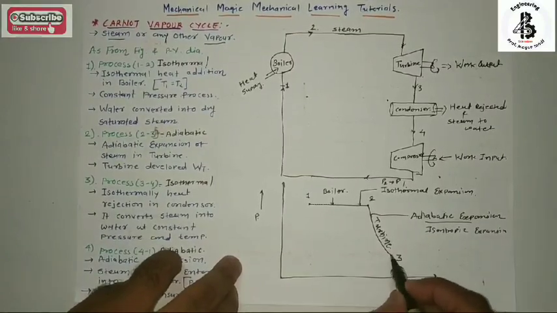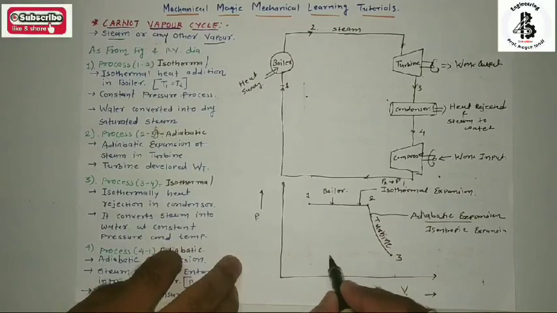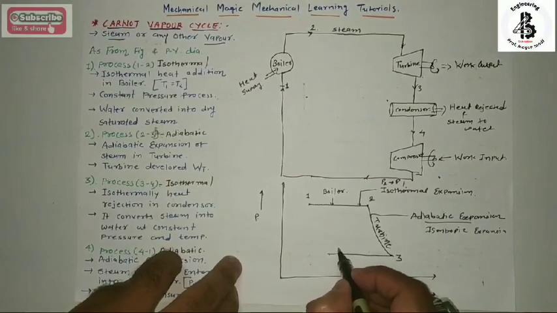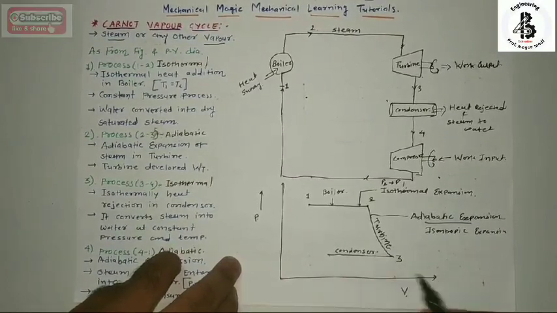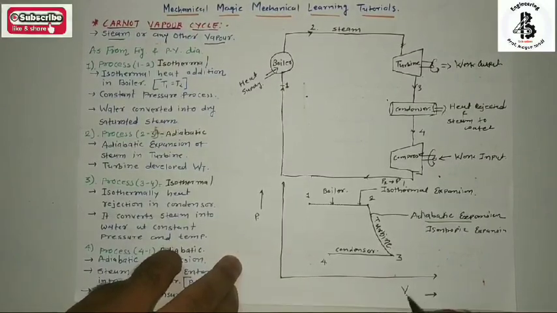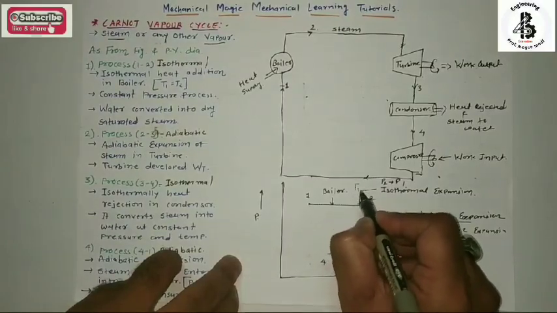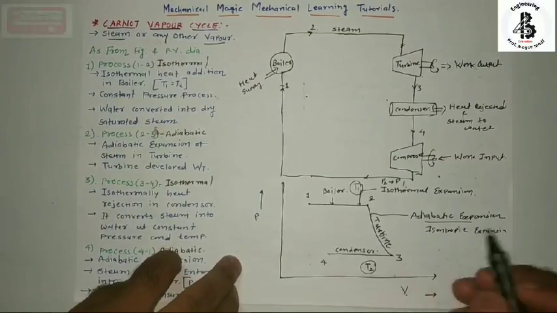After that comes the condenser, 3 to 4. Generally that will be isothermal, so it converts at T1 temperature, and here it will be the T2 temperature.